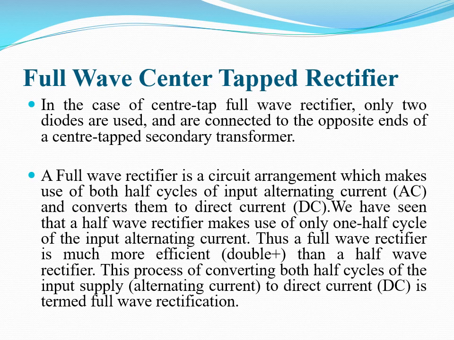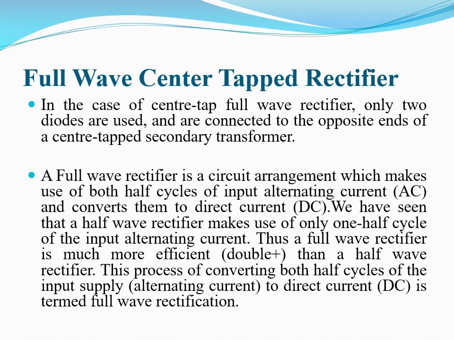Next is the full wave center tap rectifier. In the case of the center tap full wave rectifier, only two diodes are used and are connected to the opposite ends of a center tapped secondary transformer. A full wave rectifier is a circuit arrangement which makes use of both half cycles of the input AC and converts them into DC. We have seen that a half wave rectifier makes use of only one half cycle of the input alternating current.